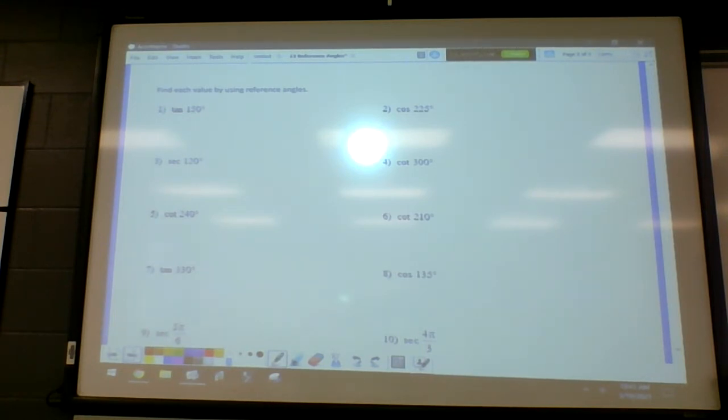In quadrant 3, what is negative? Everything. Not everything, except for tangent, because when you do sine divided by cosine, you'll have a negative divided by negative, which will actually give you a positive. So in Q3 down here, tangent and its reciprocal, cotangent, are the only 2 things that are positive.